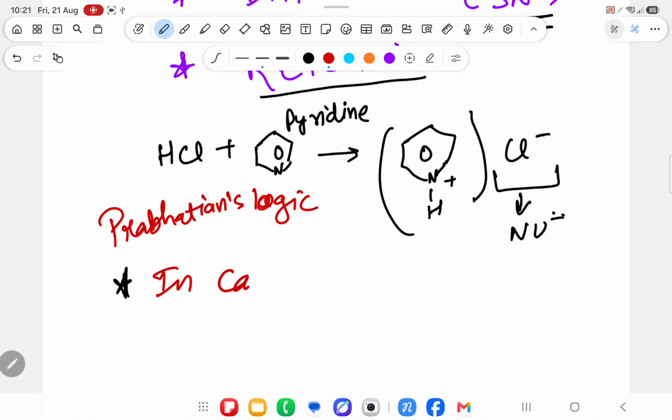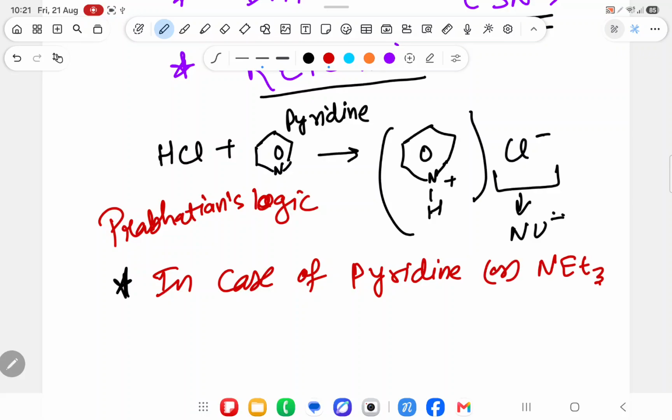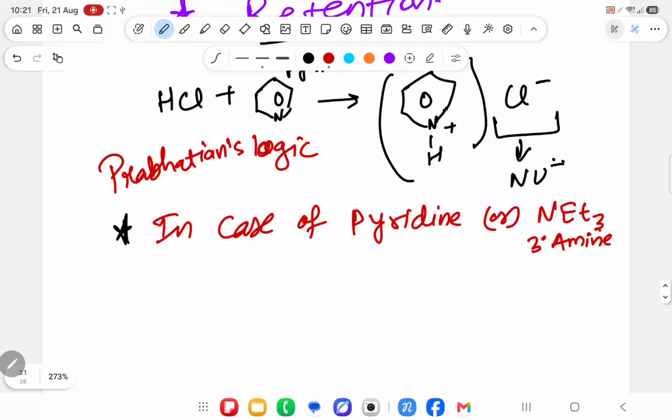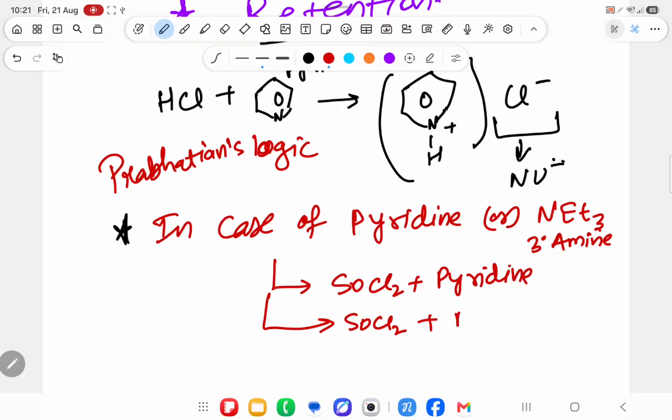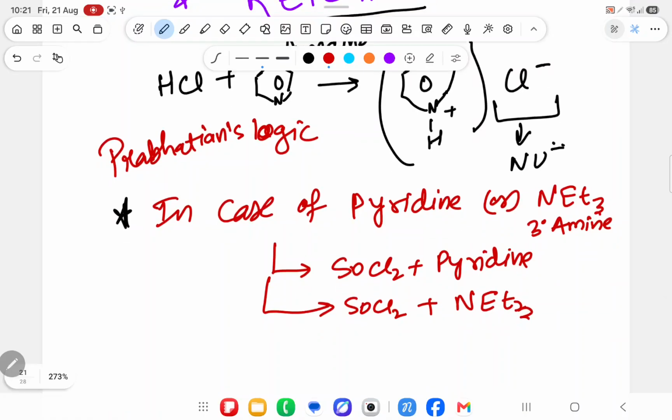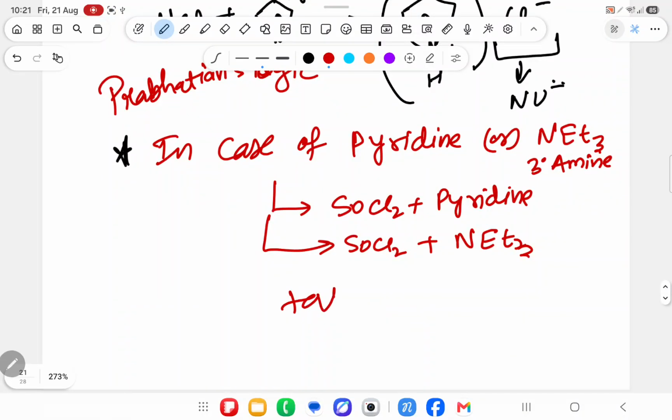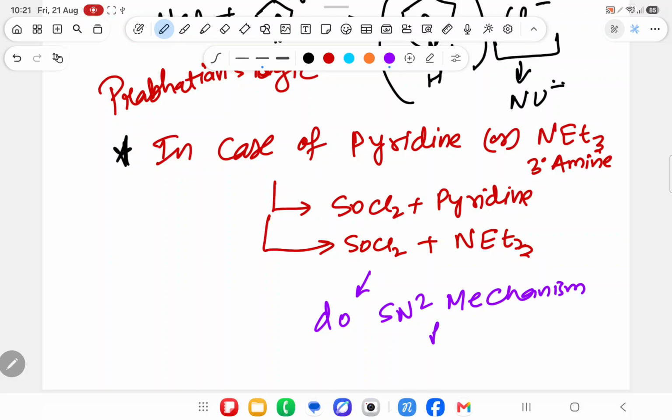But in case of pyridine or NEt3, NEt3 meaning a tertiary amine, either pyridine or triethylamine, SOCl2 plus pyridine or SOCl2 plus NEt3 will follow the SN2 mechanism, and that will form the inversion product.